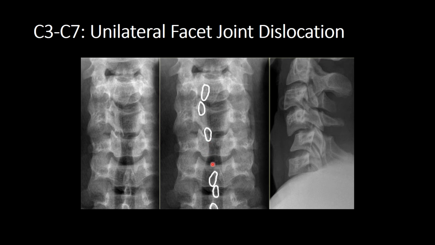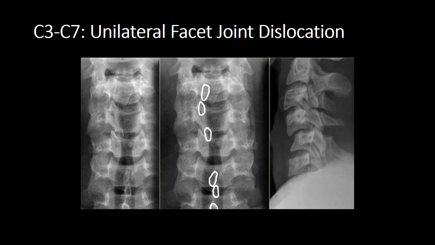And we have widening of the interspinous distance, which we can clearly see on this lateral view. Remember, if the head is held in flexion, it creates an abnormal interspinous distance, but we can see that the cervical spine in this particular lateral view is not being held in marked flexion, so this is definitely abnormal.